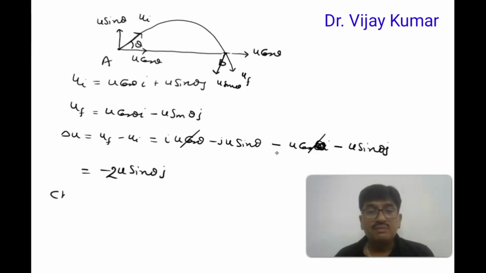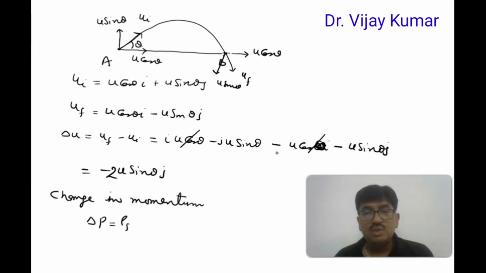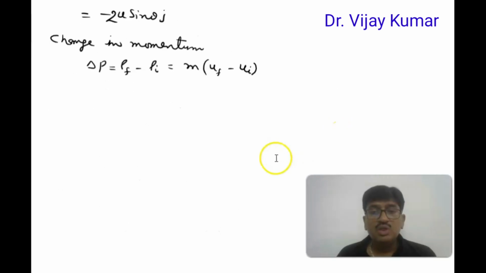Now for the change in momentum, we know that momentum is mass into velocity, so the change in momentum is delta p equal to final momentum minus initial momentum, or m times uf minus ui.